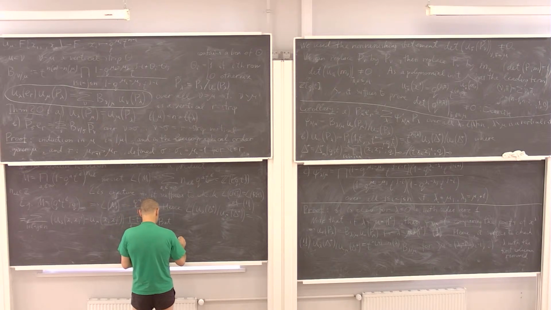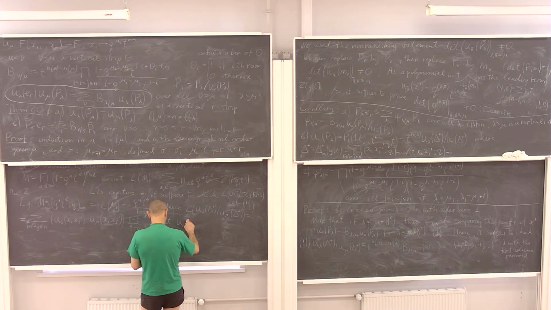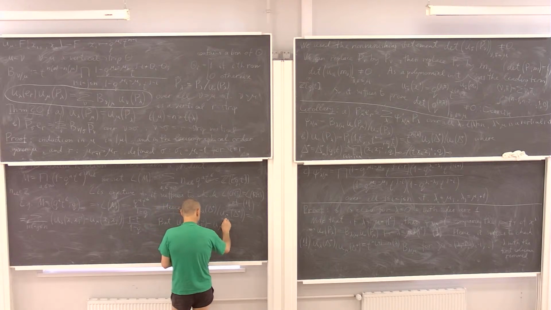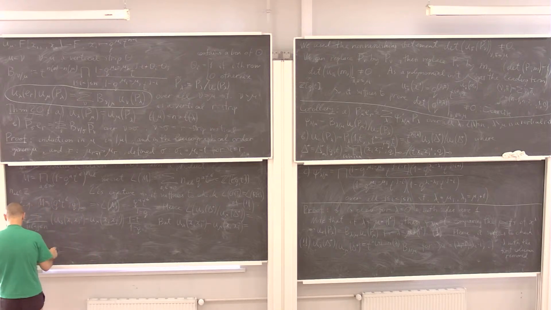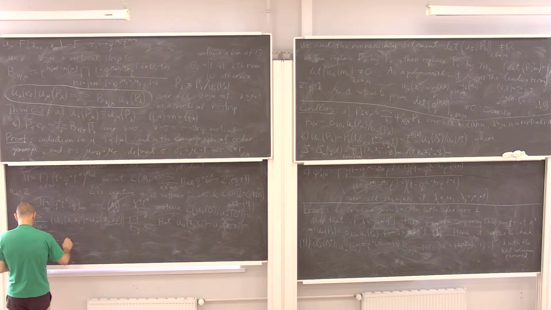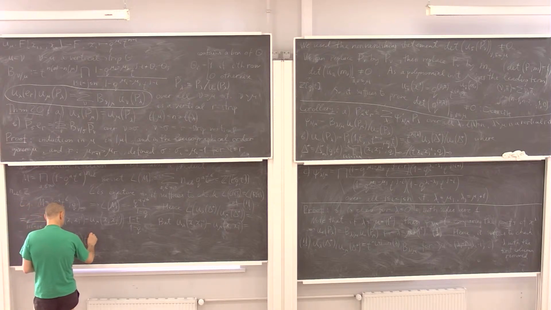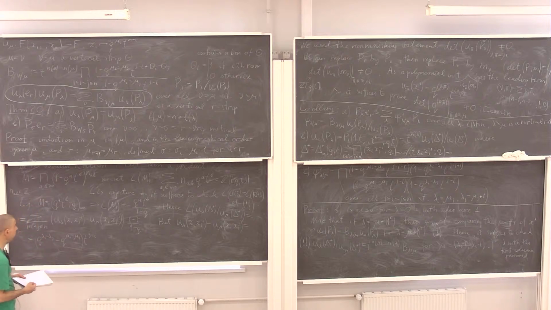Also, we know that evaluation at lambda of x_i over x_j minus evaluation at mu of x_i over x_j equals q to lambda_i minus lambda_j minus q to mu_i minus mu_j, times t^(j minus i), just by the very definition.